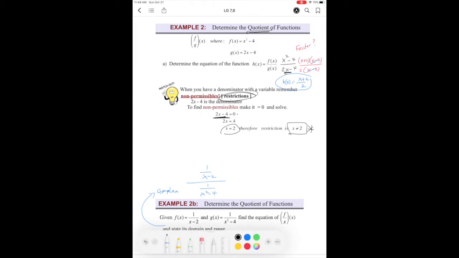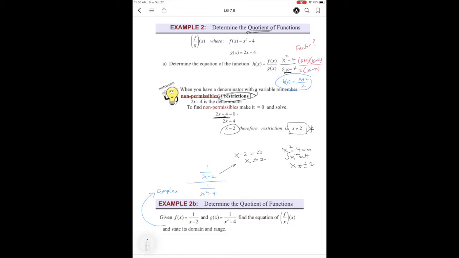Now we have to look for restrictions. I have a restriction here that x minus 2 equals 0, so x cannot be 2. That's the top one. And the bottom one, I have x squared minus 4 equals 0, so x squared equals 4, square root, x cannot equal plus and minus 2.